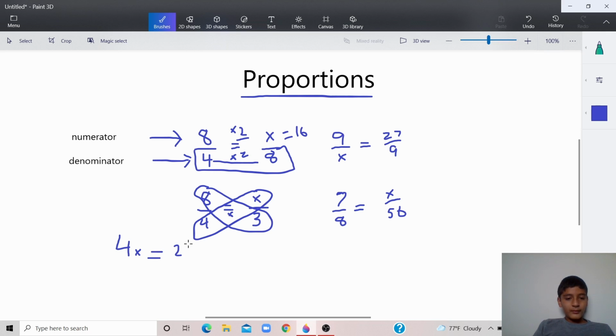It equals 24, and this is a simple equation, so you just divide by 4 on both sides and you get x equals 6. This also works because 8 divided by 4 is 2, and 6 divided by 3 is 2 as well. x equals 6.